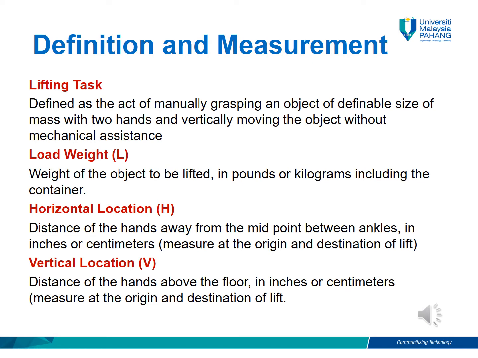And vertical location is the distance of the hands above the floor, in inches or centimeters, measured at the origin of the goods. You need to lift the goods to another level of height, for example, so we measure from the origin of the goods to the destination of the goods to be lifted.